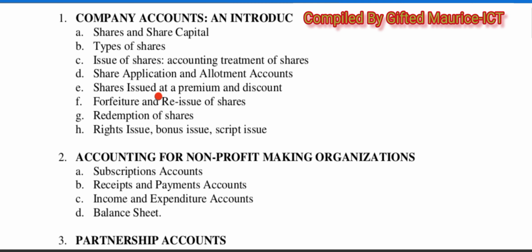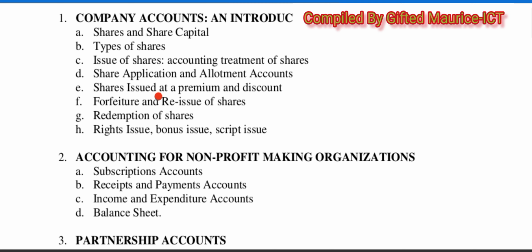So if a share, for instance, has been valued at 100 shillings, sometimes because of maybe the reputation of the company that is issuing shares, and of course the goodwill, it may decide to issue those shares not at 100 shillings, but at a price more than 100 shillings, let's say 120.